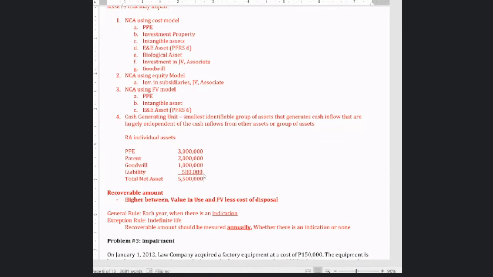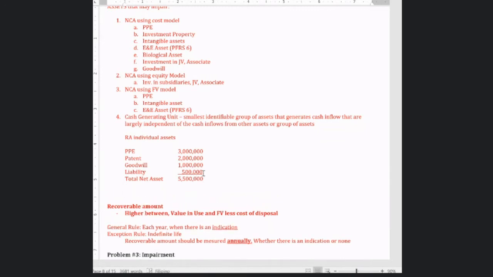Pero ang ini-impair lang naman talaga natin is yung total assets. So, ang total assets natin is 3 million, 2 million, wait lang. I-total ko na lang. Total assets is 6 million.